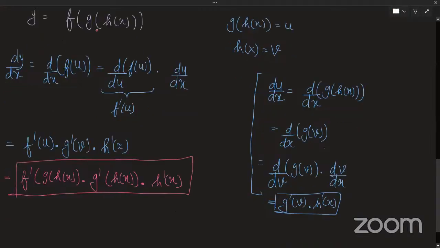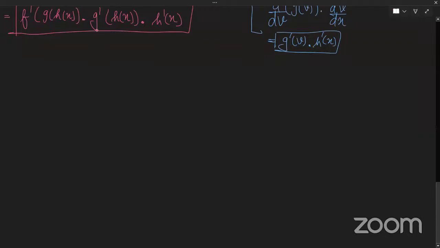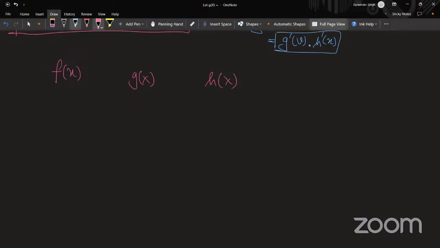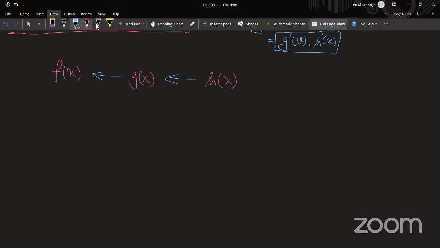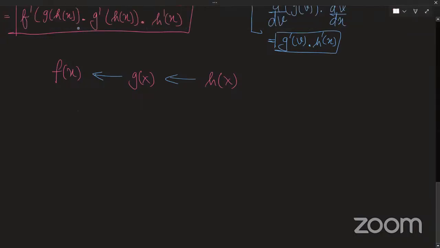So we all observe a pattern. It was f of x, g of x, and h of x inserted into each other. Like in the easy method that we discussed earlier, you can approach from the outermost bracket.